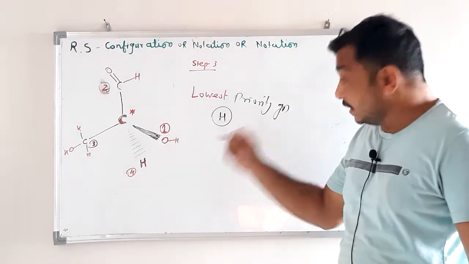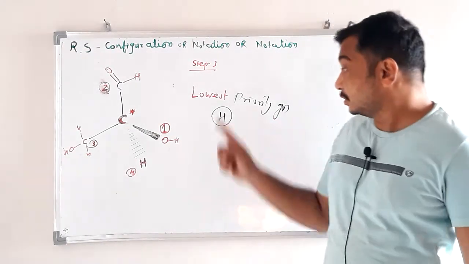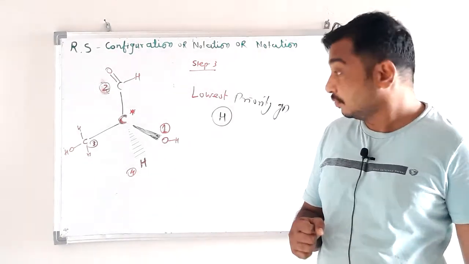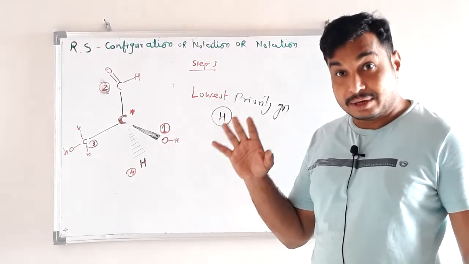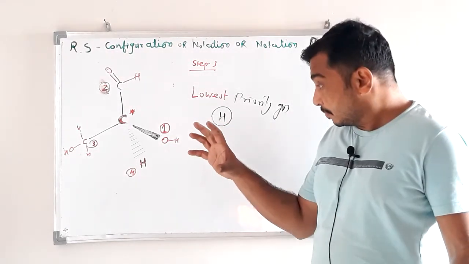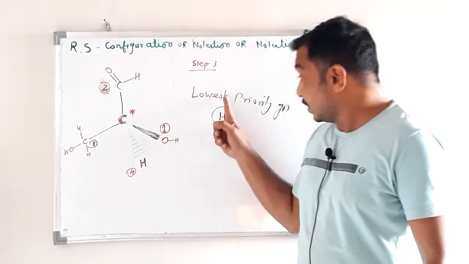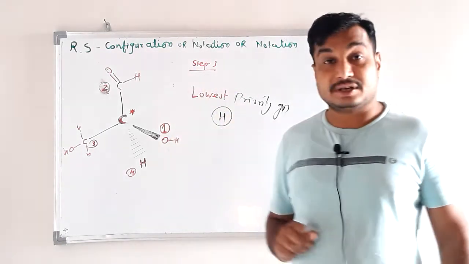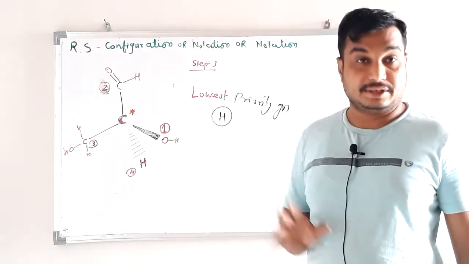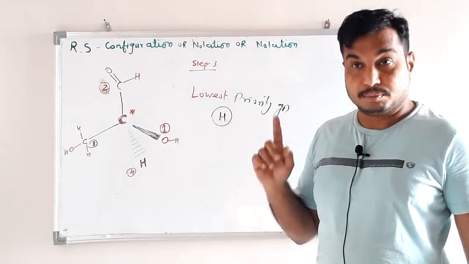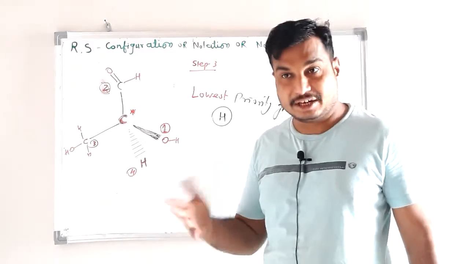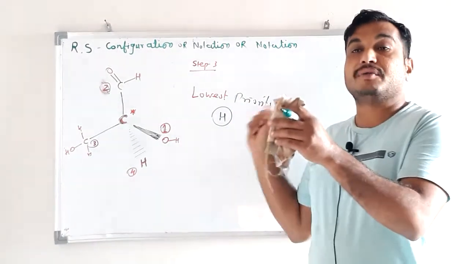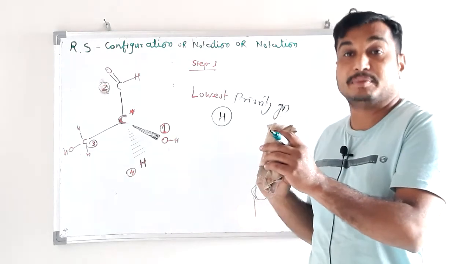We have to identify whether the lowest priority group is on the back side or not. That is very important. In this nomenclature, the lowest priority group must be on the back side, the rear side, moving away from the observer, out of plane, not in the plane.